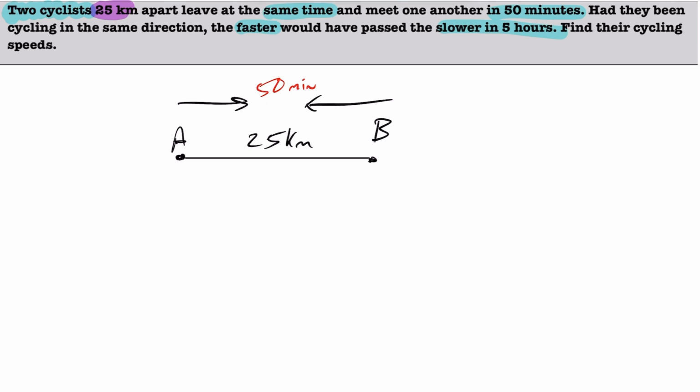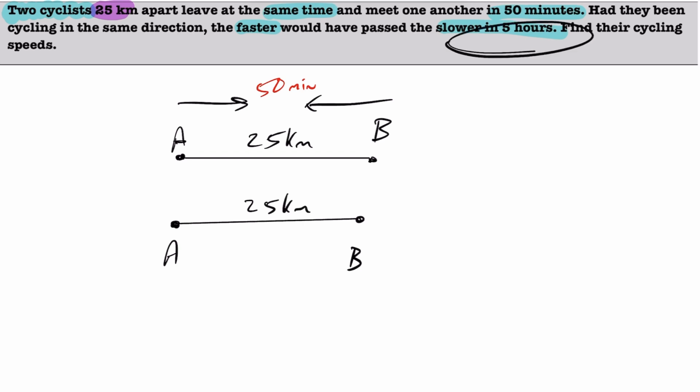They'll end up meeting. Now they flip the scenario on you and say, suppose this is A, this is B. They're still 25 kilometers apart in the second sentence. But it says after 5 hours, the faster one will overtake the slower one. So they leave at the same time in this scenario, but B takes off going in this direction, and A takes off going in this direction.